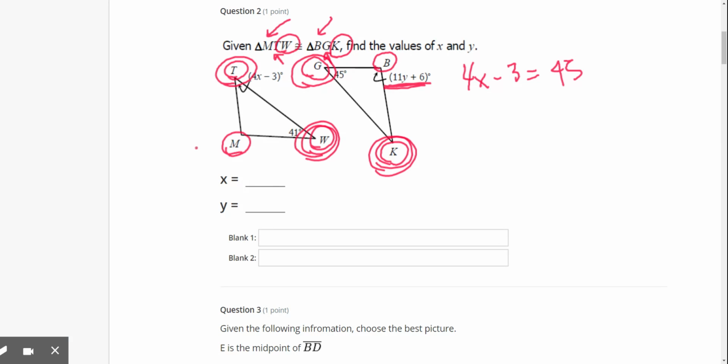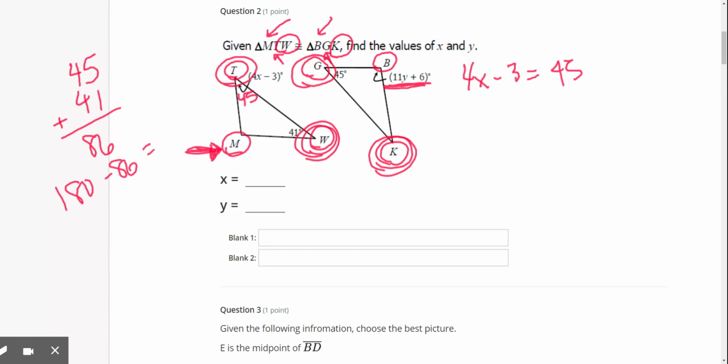So how can I find M? If I know T and G are both the same, then is this 45? Can I find angle M? Absolutely. Add 45 and 41, and I get 86, and then I subtract that from 180.